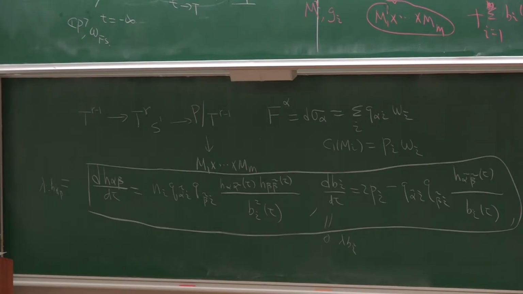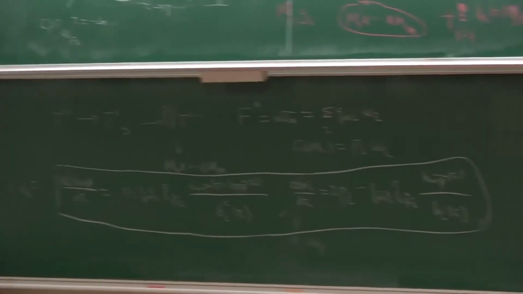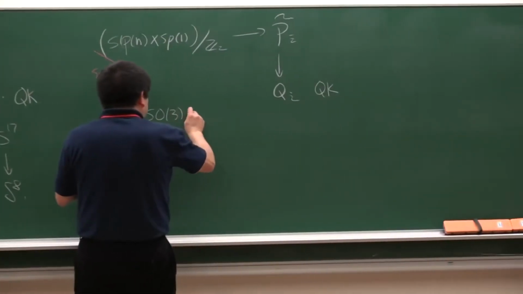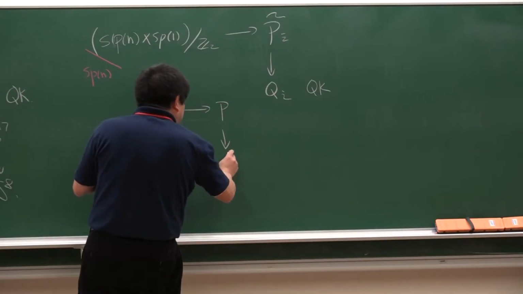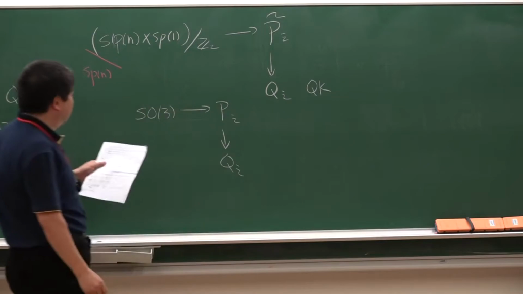Originally, you have these special holonomy bundles. For any quaternion Kähler QK manifold, you have this bundle. Then if you quotient this by SPN part, what you get is the following bundles.